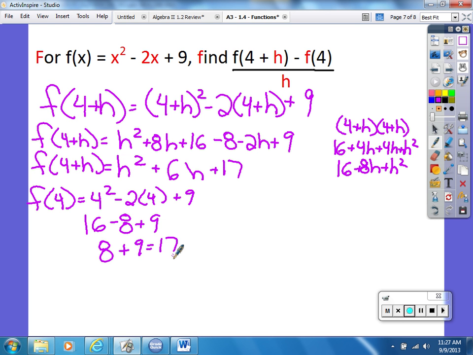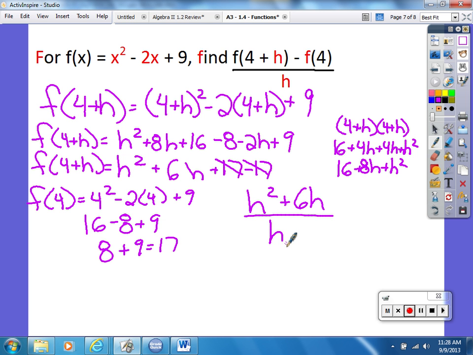Now let's plug it in. Here's the first piece minus the second piece, so minus 17, right? What happens to the 17? So I have h squared plus 6h over what letter? I took the first piece minus the second piece.